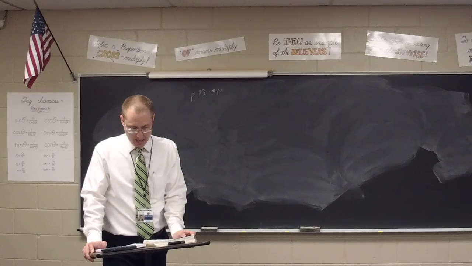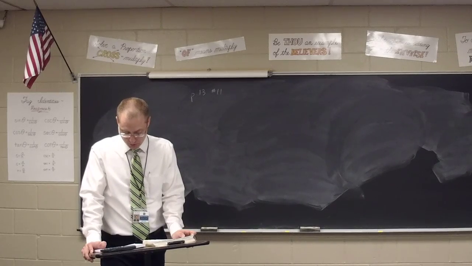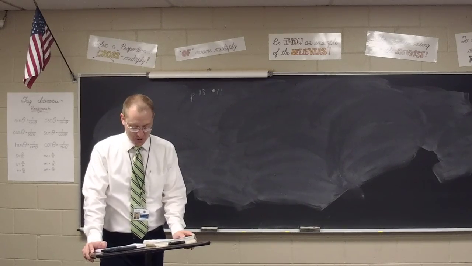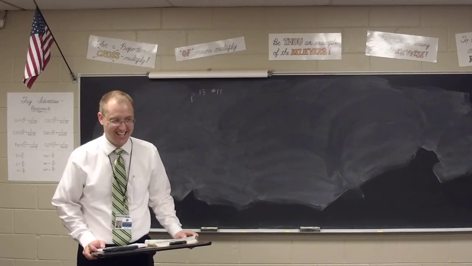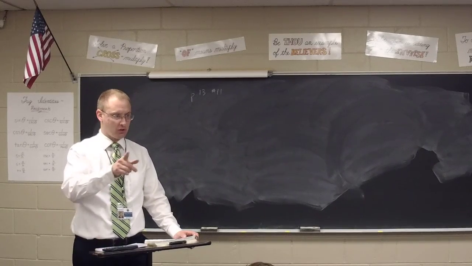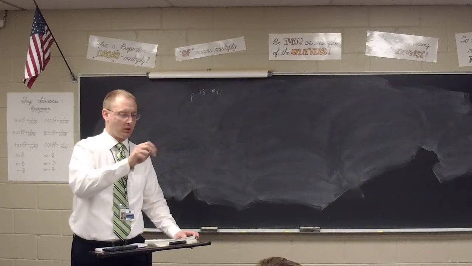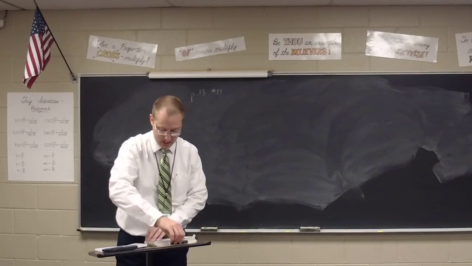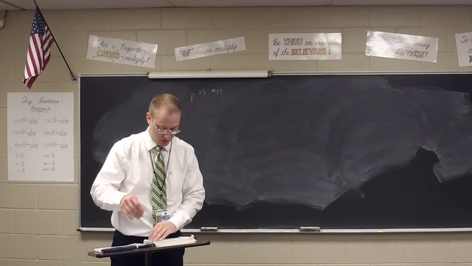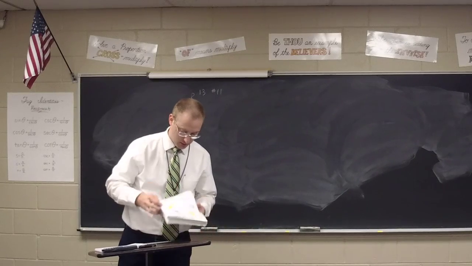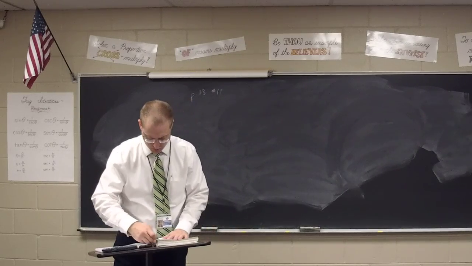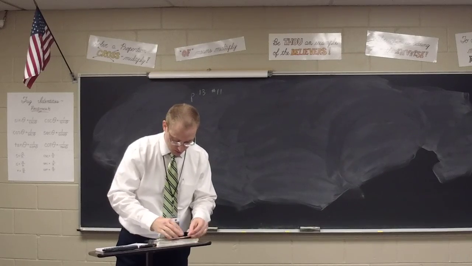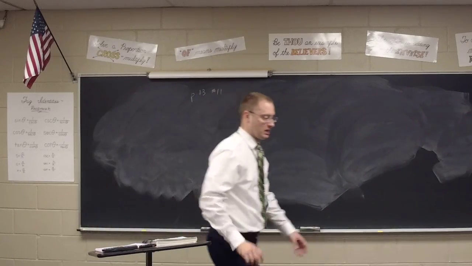The secant of beta, 2.236. And the cosecant of beta, 1.118. All right, we good to go on those? 13 and 15 on the next page. All right, Quentin, question?